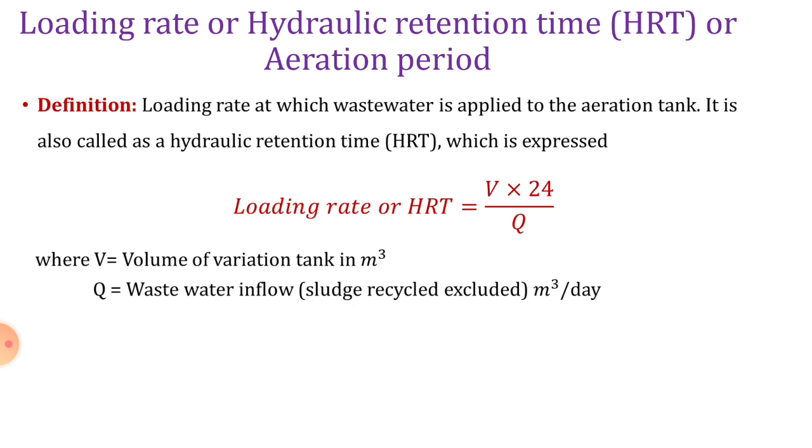Q is the wastewater inflow, which excludes recycled sludge. Here please keep in mind Q is only the inflow, it doesn't contain the recycled sludge, and it is measured in meter cube per day.